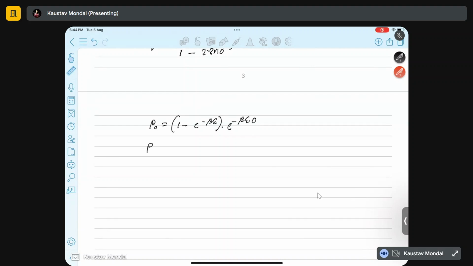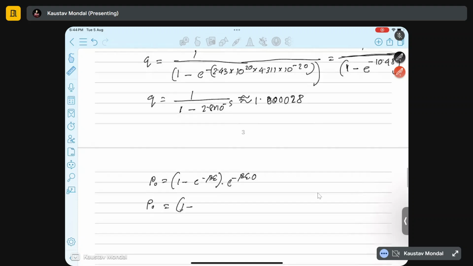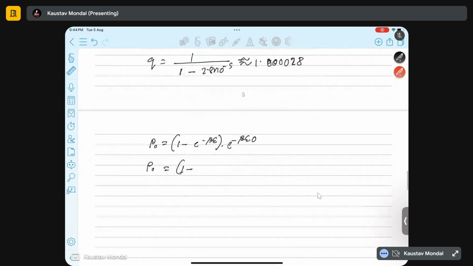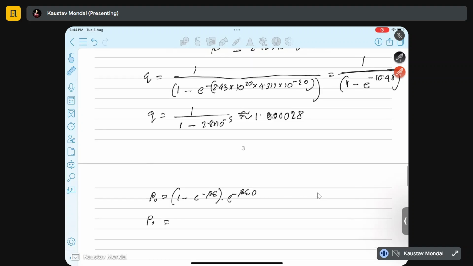This we already know, right? This thing is nothing but 1 by q, right?